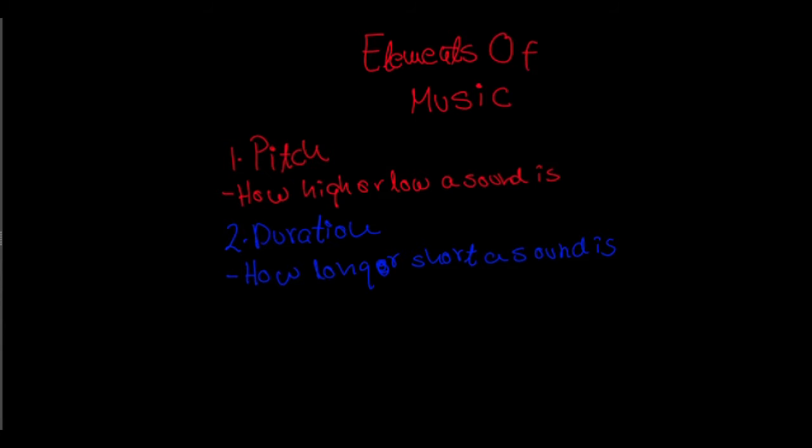And then the third one we're going to be talking about here, let me choose another color again, is tone. It's kind of hard to properly assign a definition for tone, but in layman's terms, you can basically say it's what the sound is made of, or how the sound sounds.